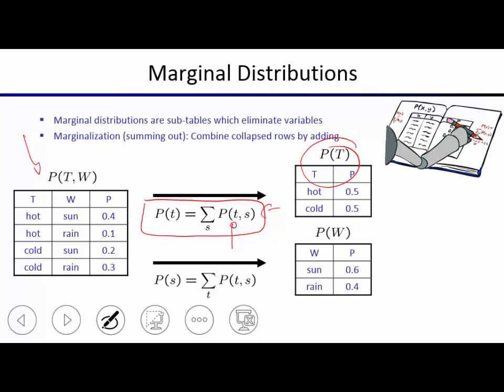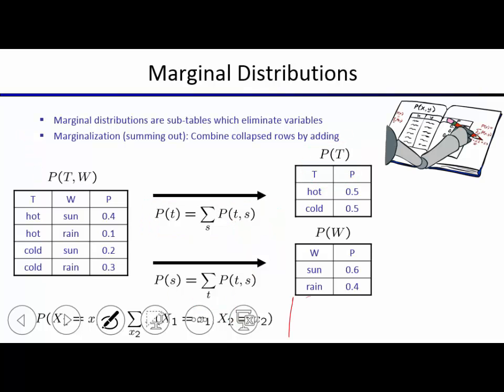We have a probability for some instantiation s for weather is the sum over all entries in the joint distribution where W equals s and the other variable can take on all possible values, and we sum over all possible values. Generally, what it looks like is like this.